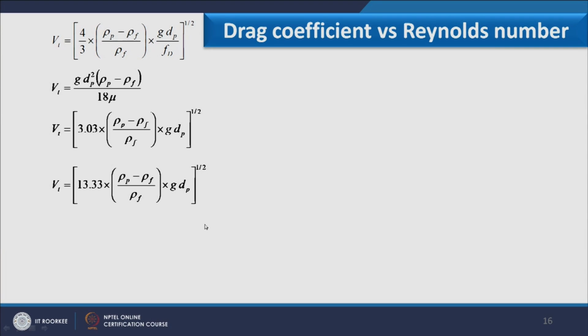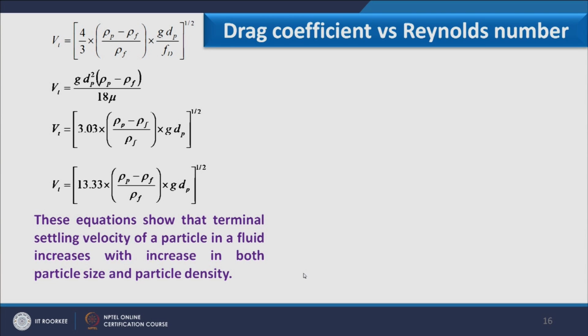Therefore, for different regions we have defined different equations, and if you see, all these equations are proportional to dP as well as rho p. So, the equations shown above say that the terminal settling velocity of a particle increases with the increase in particle size as well as particle density.